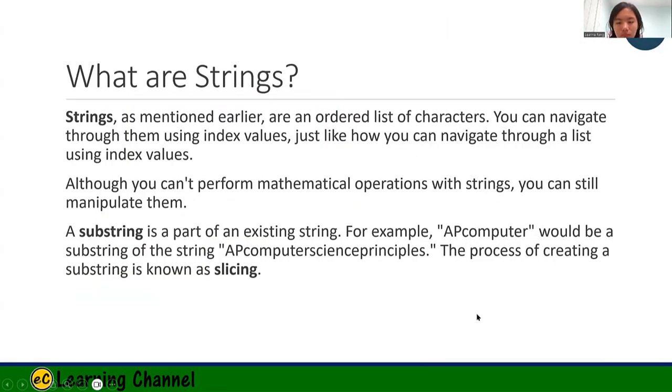String is a collection of data, and we do have slicing, or we call it substring. So you need to remember the slicing rule for Python.